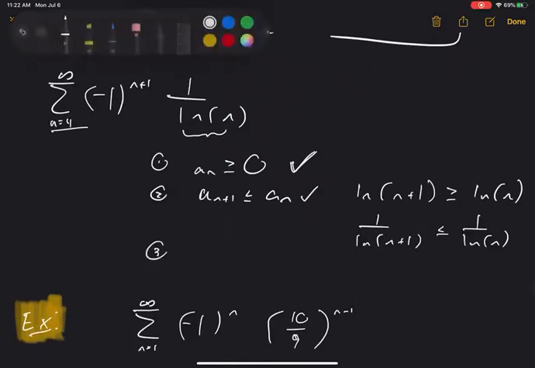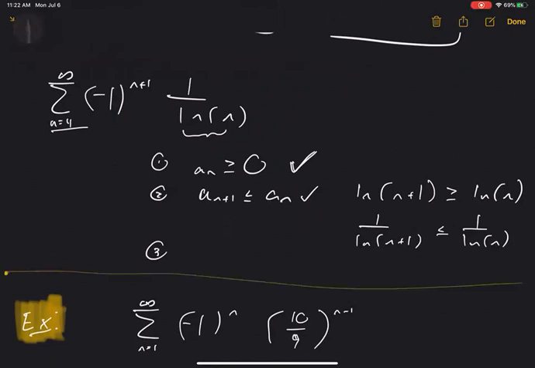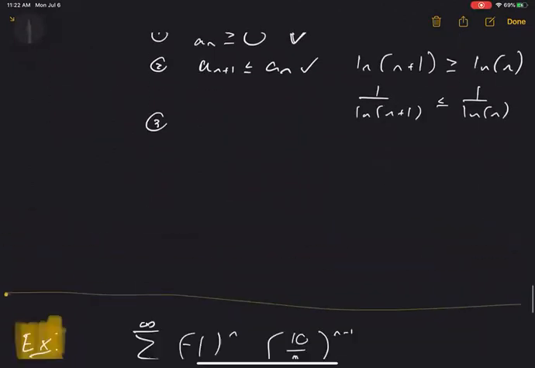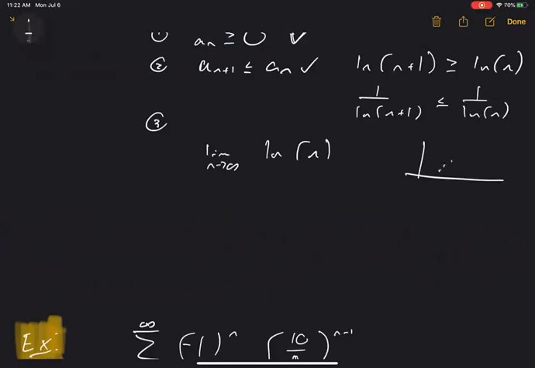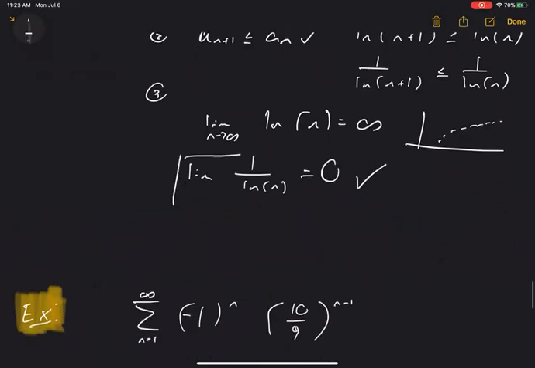Condition 3. Now I need to find the limit. What's the limit of that numerical part? Well, what's the limit of ln of n as n goes to infinity? Remember the graph. ln of n looks like this. It's increasing slowly, but it's increasing forever. It's going up to infinity. So the limit of 1 over ln of n is equal to 0, which is the third point of my alternating series test.